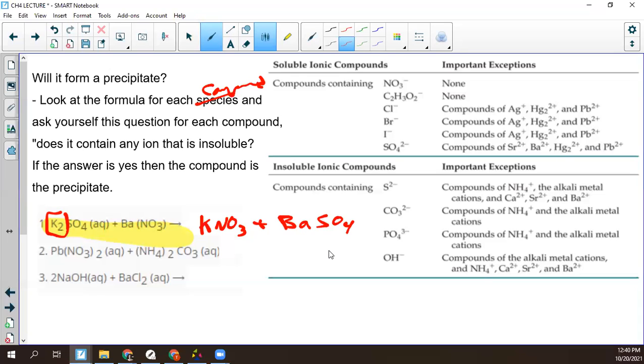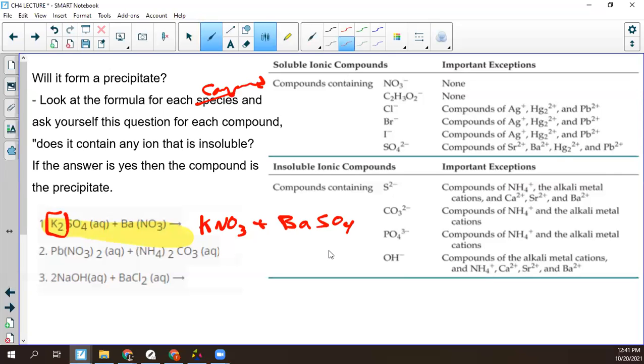Then you go to the second thing and you say, is barium sulfate, is the sulfate insoluble? And so you find SO4 and you're like, hey, it is actually soluble except for when it's with strontium or barium or mercury or lead. So the question I asked, is any part of this insoluble? The answer is yes.